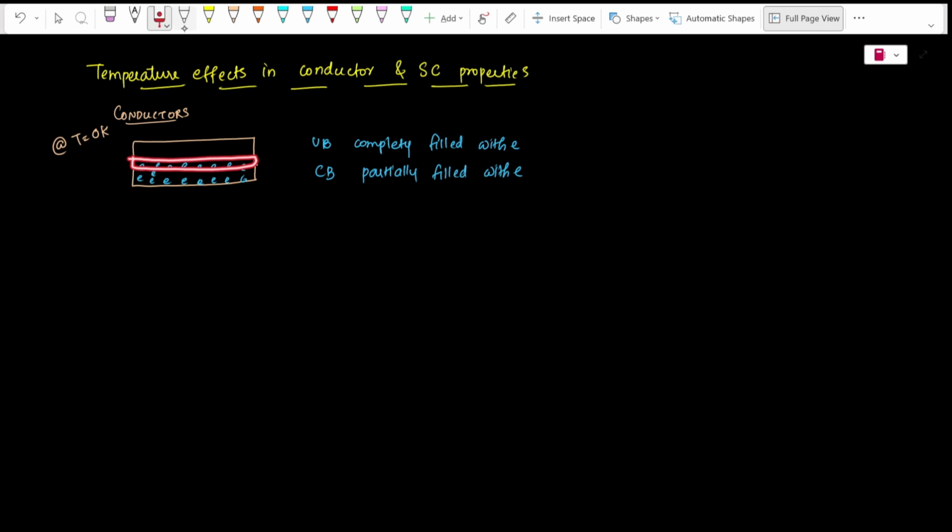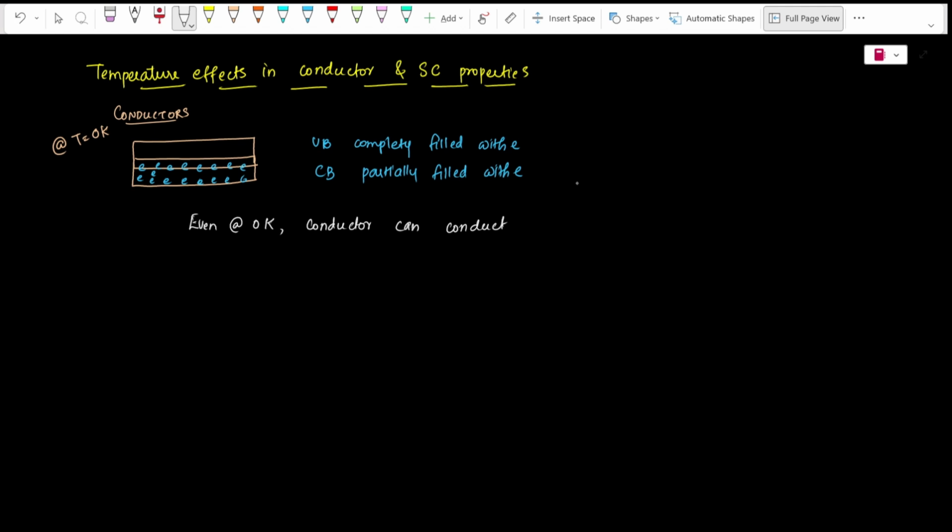Since free electrons are present in the conduction band, these electrons could help in the formation of some current even at 0 Kelvin. So the property of a conductor is that even at 0 Kelvin, a conductor can conduct, because there are free electrons present in the conduction band even at 0 Kelvin, right?